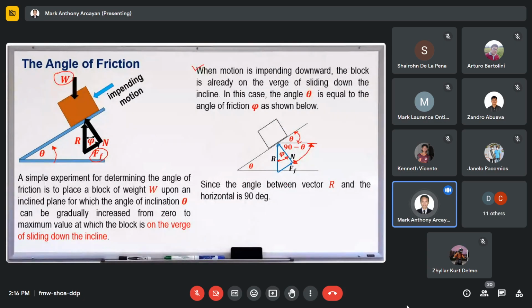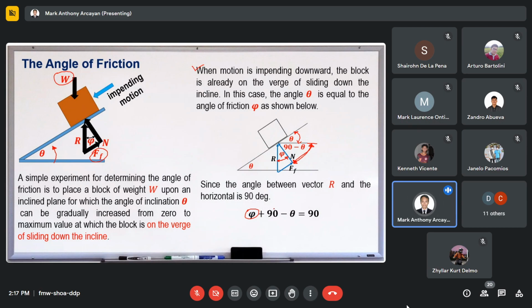Since the angle between the vector R, this vertical line, and the horizontal is 90 degrees, we can deduce the equation that the angle phi plus 90 minus theta is equal to 90 degrees, the angle between vector R and the horizontal.